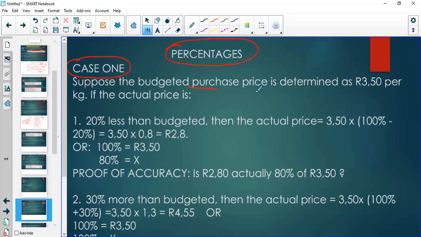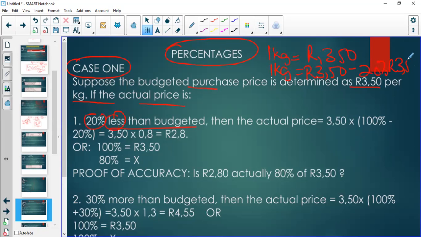Let's say that the budgeted price is given to you as 3.50 rand per kilogram. Then they tell you that the actual price was 20% less than budgeted. So if 1 kilogram was equal to 3.50 rand, but now 1 kilogram is reported to have cost us 20% less, then it's 3.50 rand minus 20% of 3.50 rand.